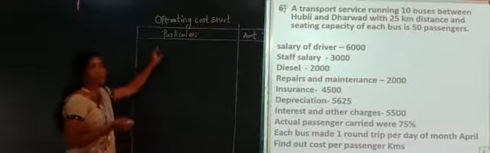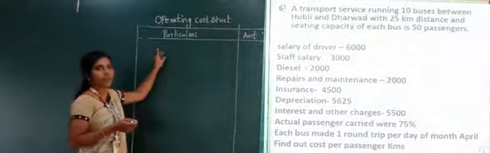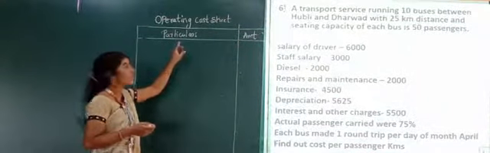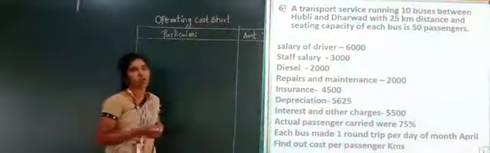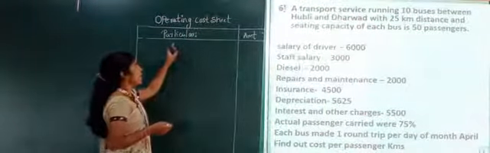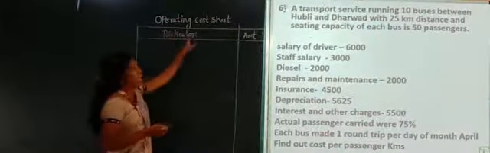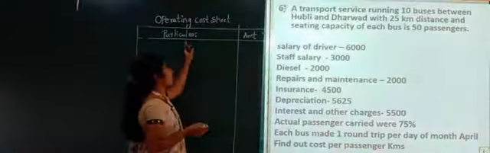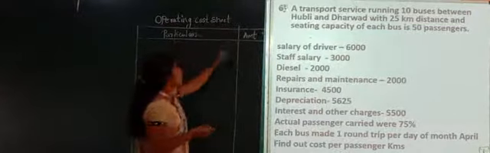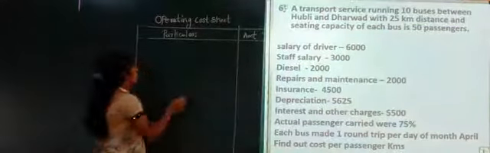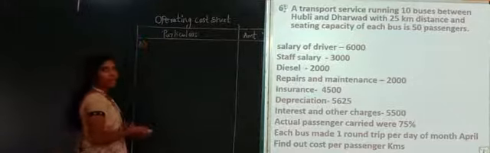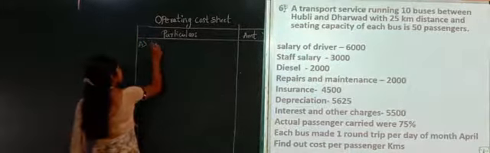As you already studied in the 5th semester and in the first chapter of the 6th semester, that is the preparation of the cost sheet. For the operating cost sheet, we need two columns: particulars and amount. Under operating costing, the first part will be standing charges.